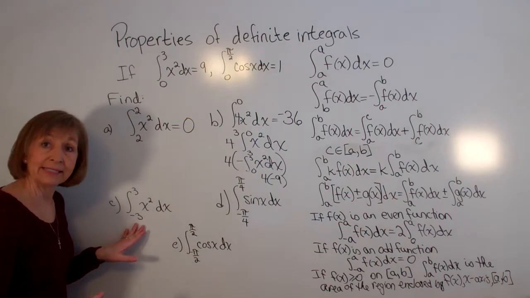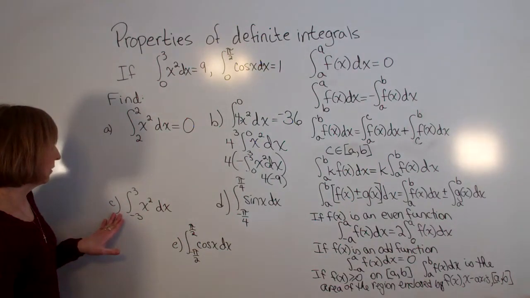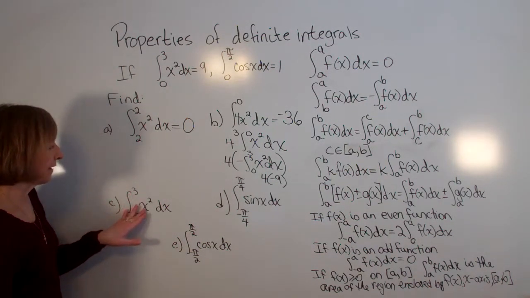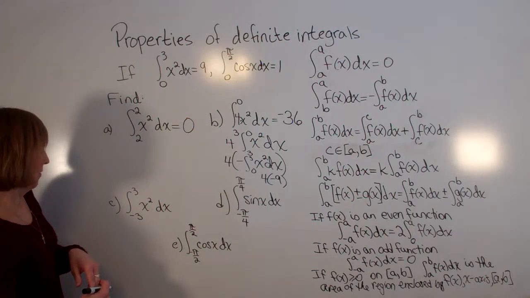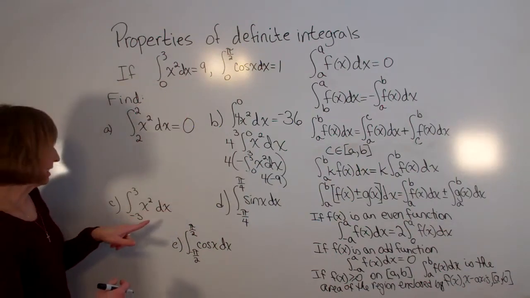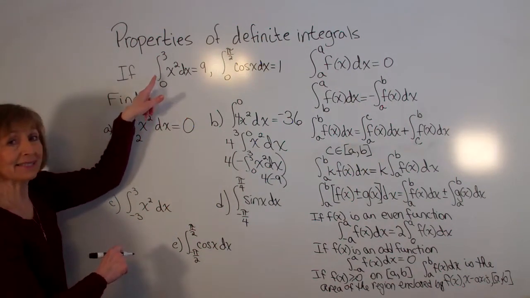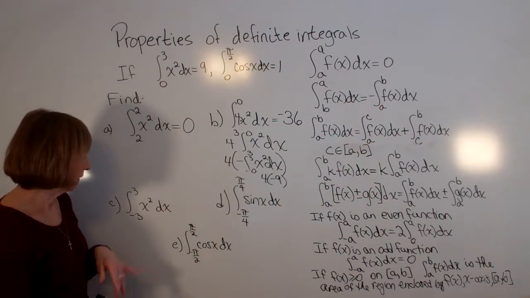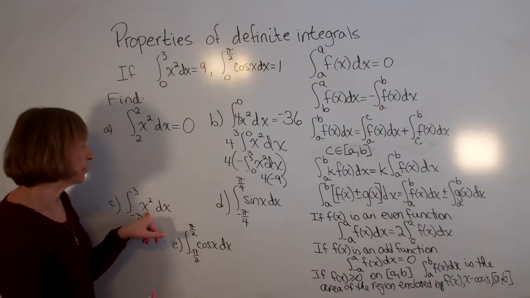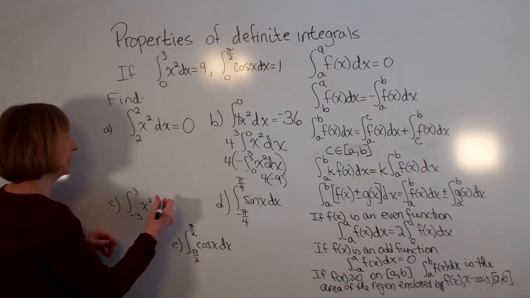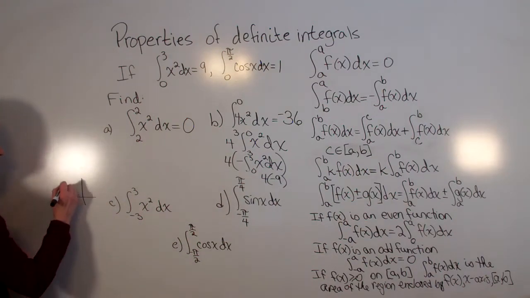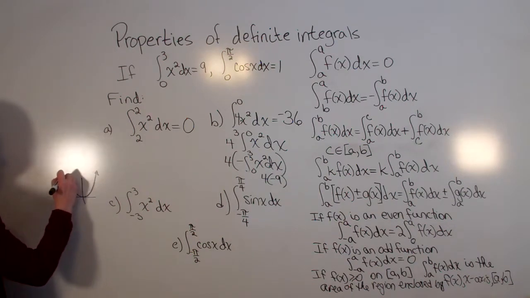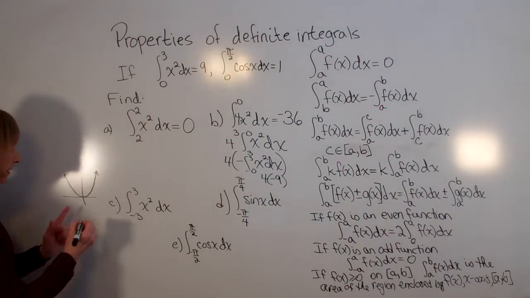Okay, next up, part C. This is the definite integral from -3 to 3 of x squared dx. Well, I've got the x squared dx, but this is -3 to 3, and that's 0 to 3. If you think about this function x squared, I'll just sketch it out here. My function x squared is a parabola opening up with a vertex at the origin.